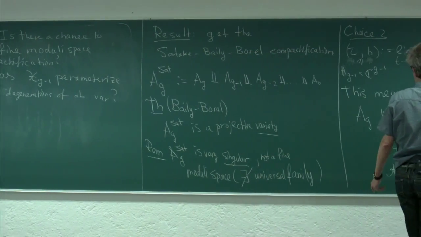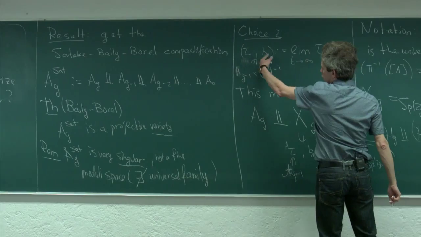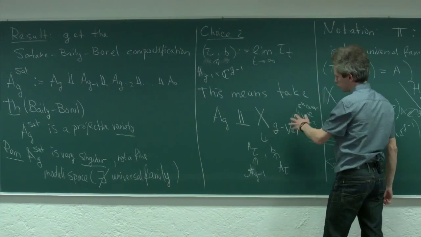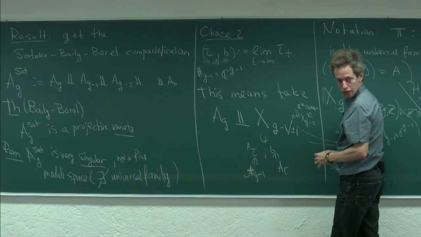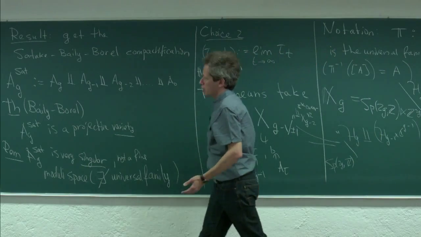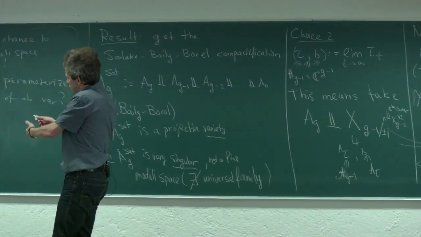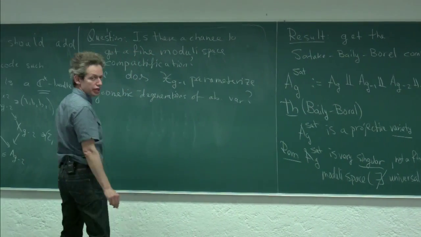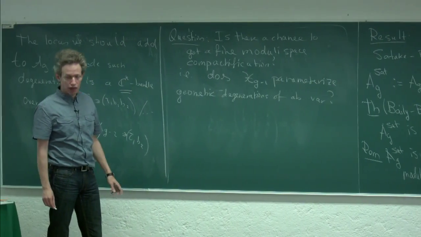So the question I'm asking, given a tau and b, which sits in here, up to plus minus 1, never mind, can I tell you a compactification as some kind of geometric degeneration of an abelian variety? And the answer is yes.